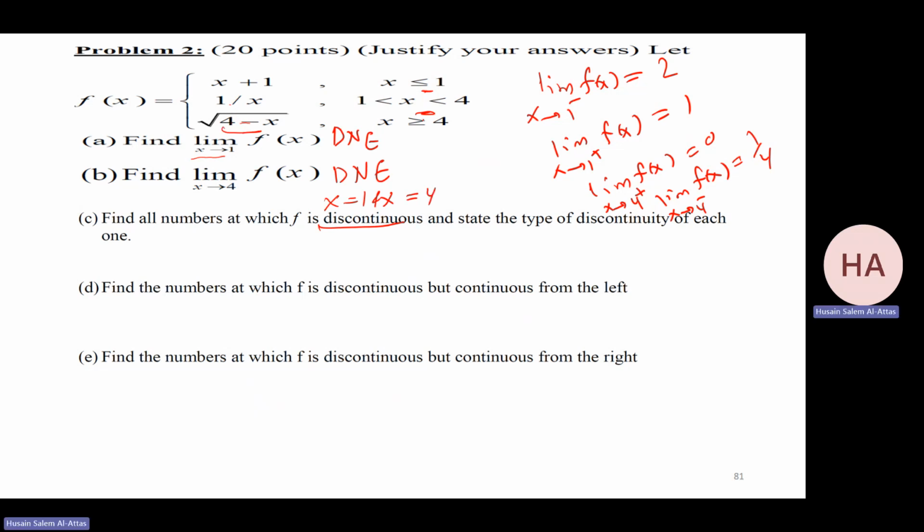Is it continuous from right? It's okay. And at 4, it's okay. Here 0. I don't have anything else, only these have discontinuity. What type are they? The limit does not exist, so I have a jump. Right not equal to left. Okay, continuous from right, continuous from left.